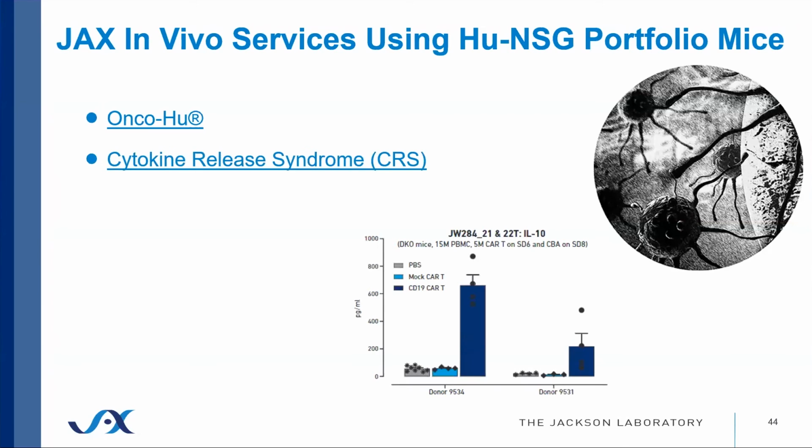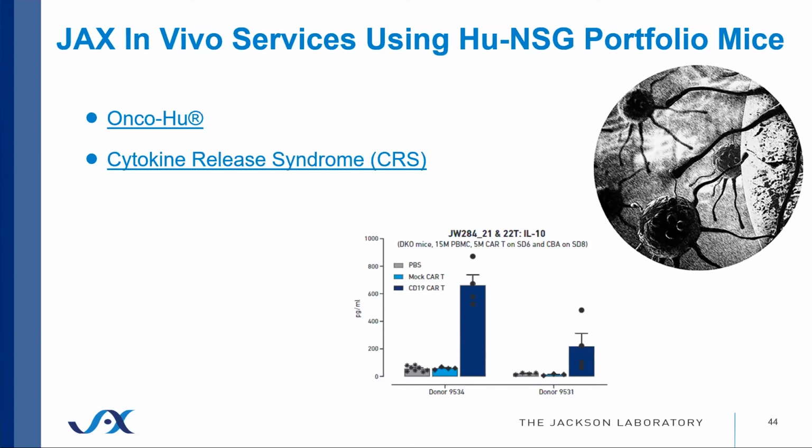In addition, we have a platform that can evaluate cytokine release syndrome. This is a very dangerous side effect that has been shown to occur, for instance, in the context of CAR T cell therapies. And it's something that can really hinder the advancement of your therapies to later clinical trials, or of course being brought to market.